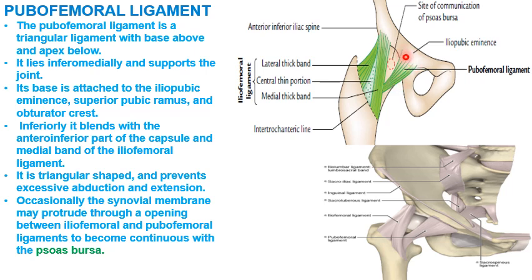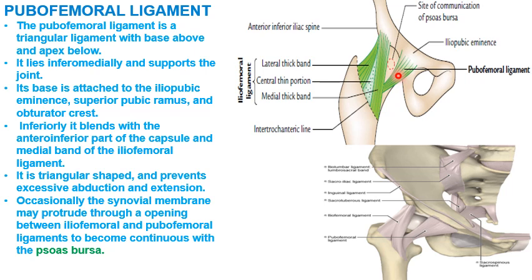The base of the pubofemoral ligament is attached to the iliopubic eminence, the superior pubic ramus, and the obturator crest. Inferiorly, it blends with the anteroinferior part of the capsule and the medial band of the iliofemoral ligament.